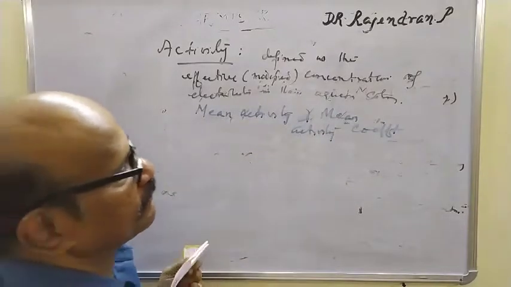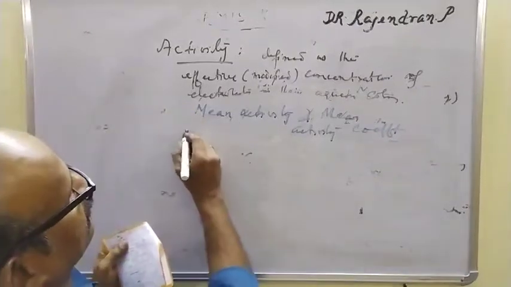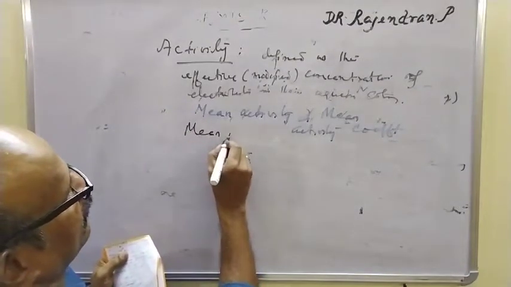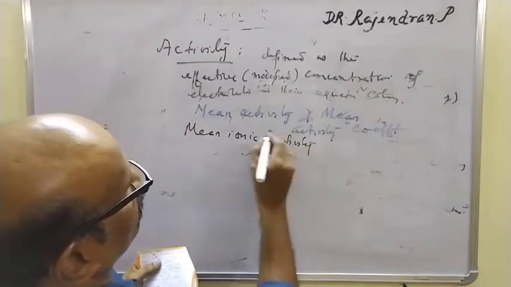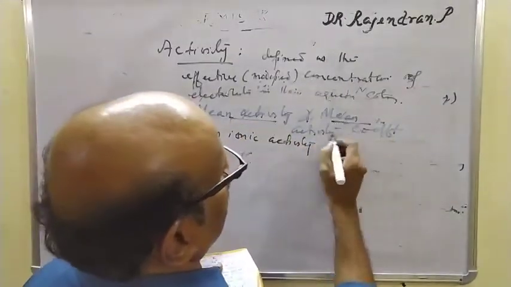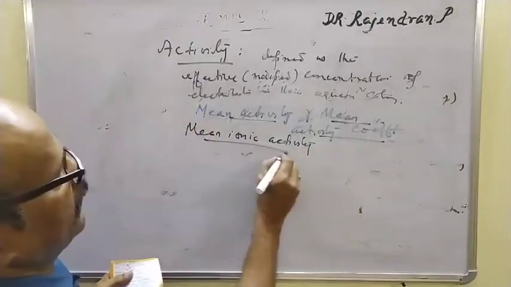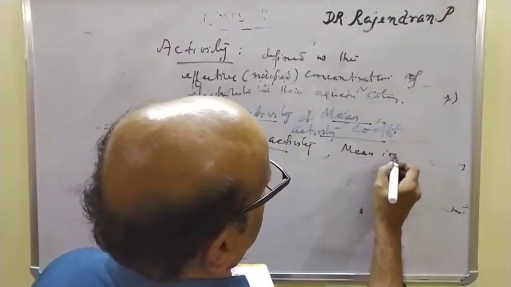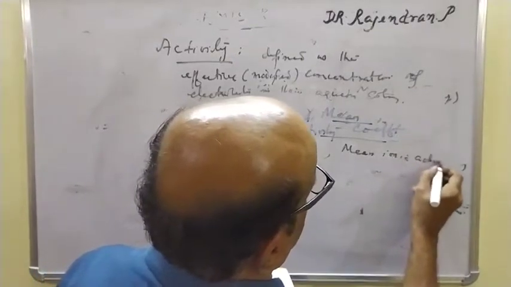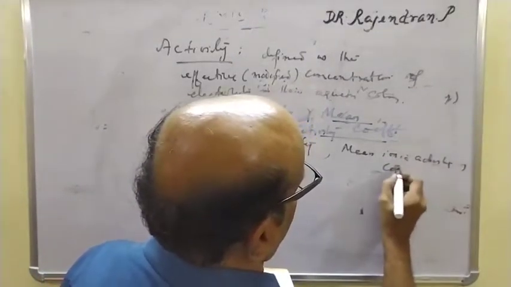So we have mean ionic activity, we have mean activity, we have mean activity coefficient. Similarly, we have mean ionic activity and mean ionic activity coefficient. All these terms are there.